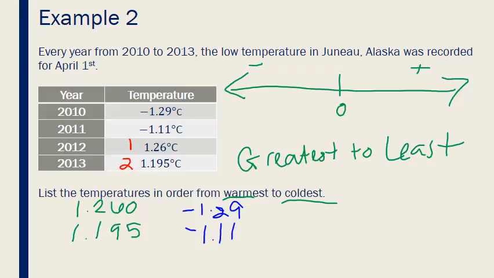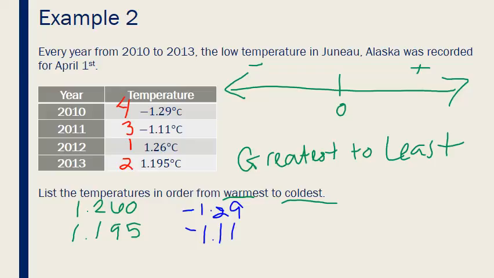Kyla? That's right. The closer it is to 0, the greater the value. So which one's closer to 0? Would it be negative 1 and 29 hundredths? No, it wouldn't. That would be further away from 0, wouldn't it? So we're going to say that negative 1 and 11 hundredths degrees Celsius would be my number 3, and negative 1 and 29 hundredths would be 4.